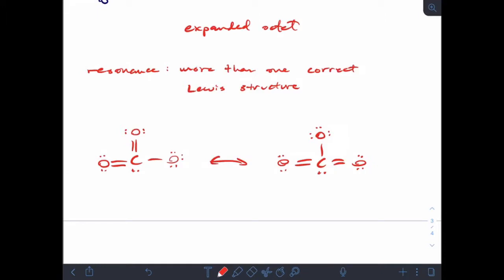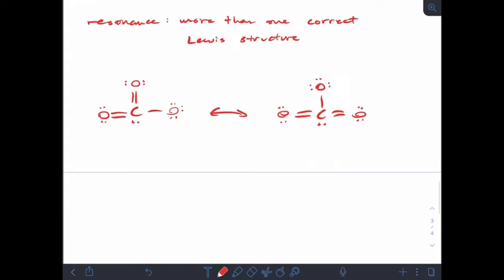And so what it means is that with multiple double bonds and a single bond, those bonds are actually sharing the total of those electrons. So sometimes the double bond may seem like it's left to right, sometimes it's top to bottom, sometimes it's left and right. But we have correct Lewis structures that have different arrangements of the double bonds.